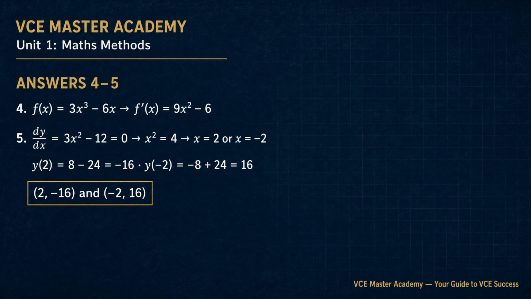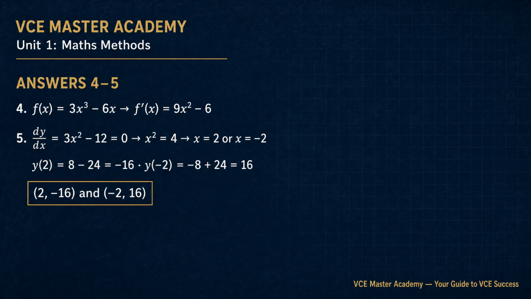Question 4. Expand first. 3x times x squared is 3x cubed, and 3x times minus 2 is minus 6x. Now differentiate. 3x cubed gives 9x squared, minus 6x gives minus 6. 9x squared minus 6. If you try to differentiate straight into the bracket, this is your reminder. Expand, then differentiate, always in that order.